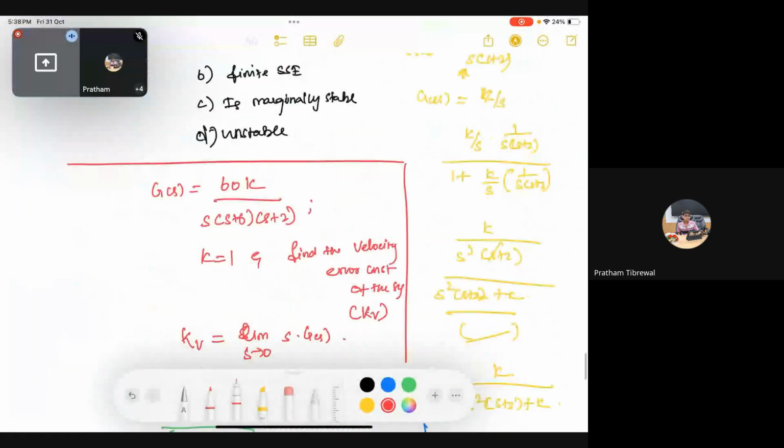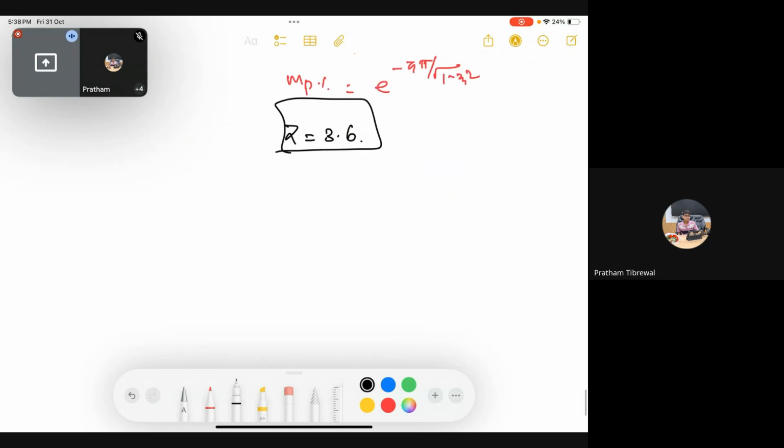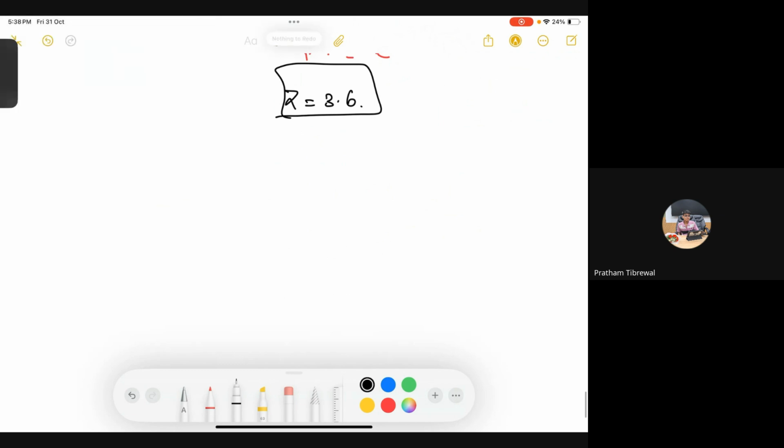Now your z should be 3.6, so that you will get the desired peak overshoot as 44.7, exactly around 44.7.